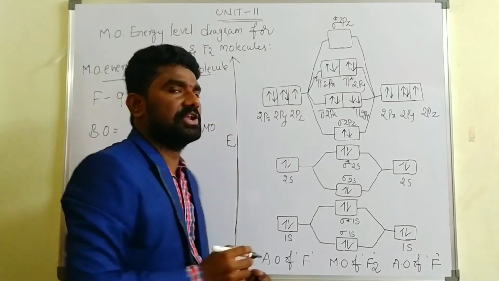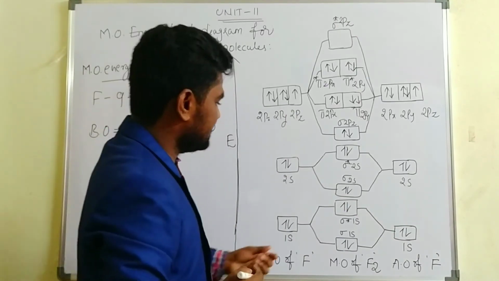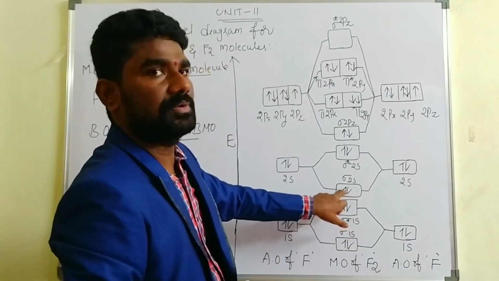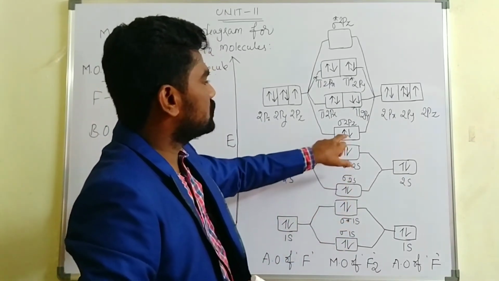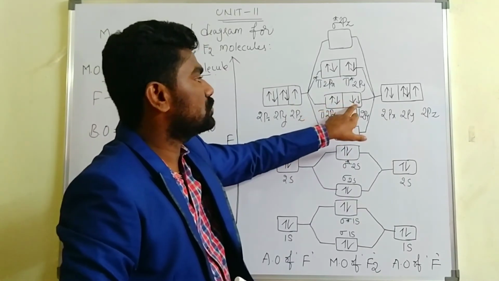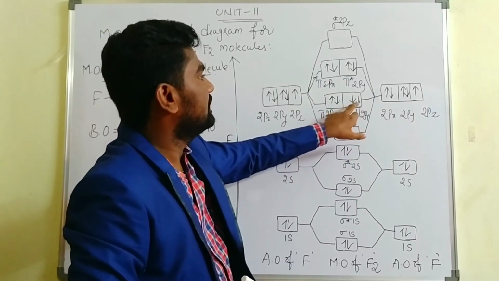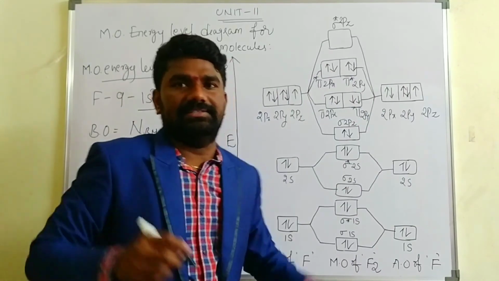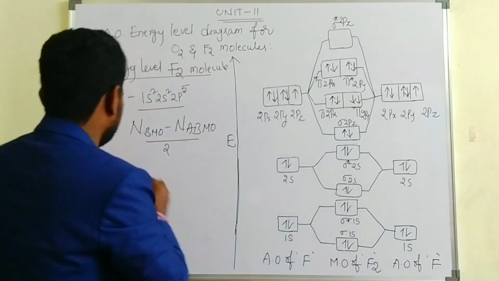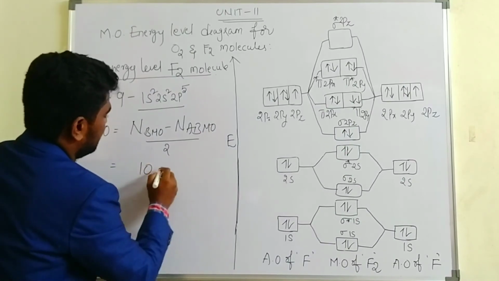How many bonding molecular orbital electrons are present in F2? 2 plus 2, 4, 4 plus 2, 6, 6 plus 2, 8, plus 2, 10, isn't it? Total 10 bonding molecular orbital electrons.